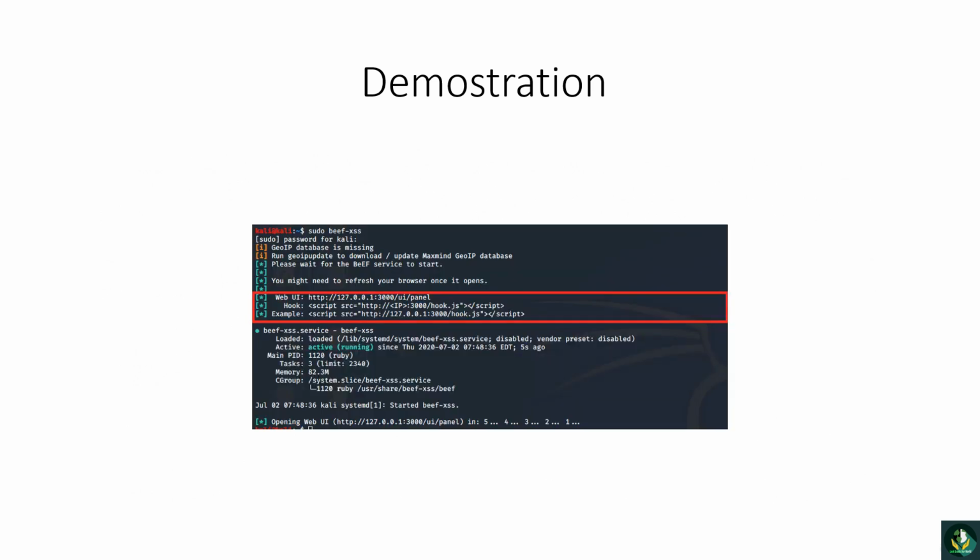So the first step is initialization. First, the BEEF server should be initiated on the attack machine. No additional parameters are mandatory. The framework's web UI is now available, as you can see in the marked section, which is highlighted.